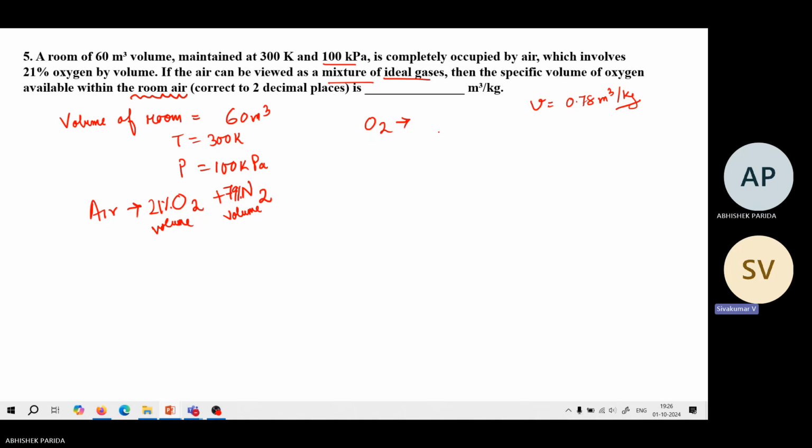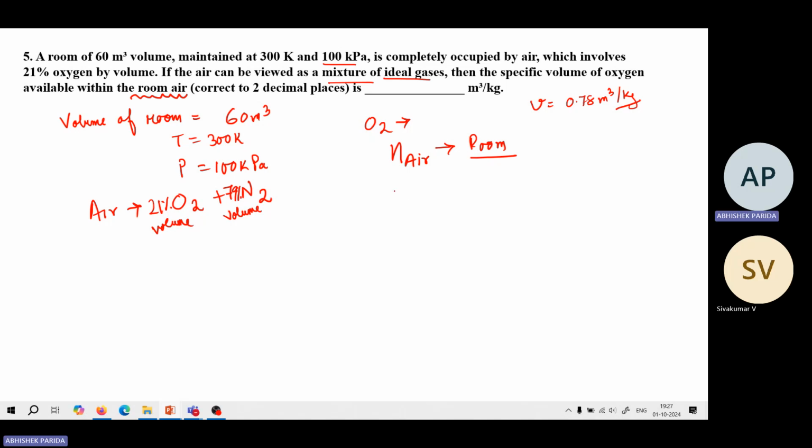It has only 21% of oxygen by volume. No, no. That is also one of the ways we can go through that. But for this question, let's start by finding the total number of moles of air in the room, because that is the case where we know all the things.